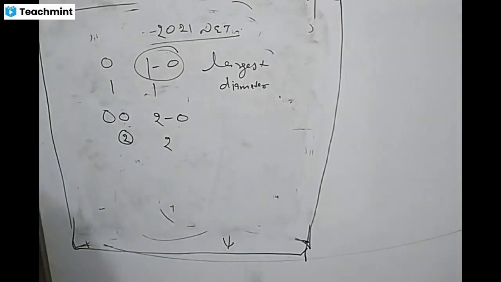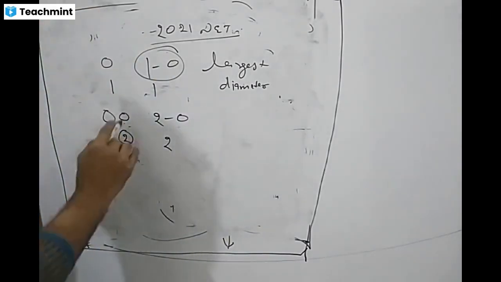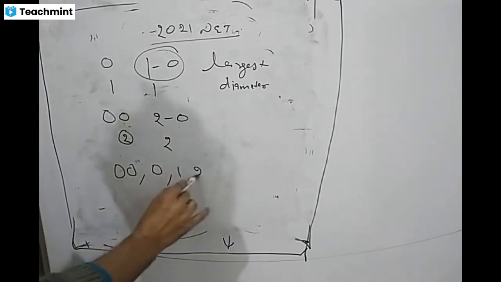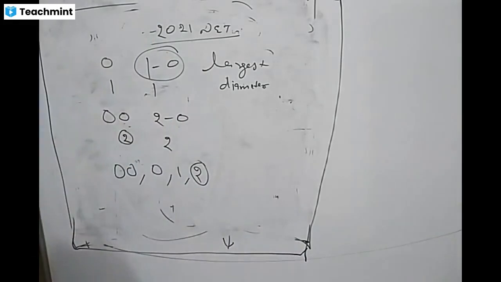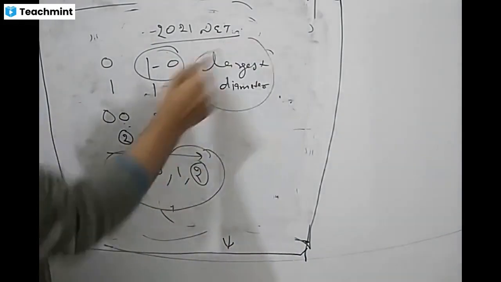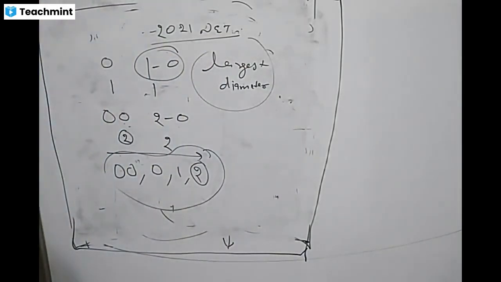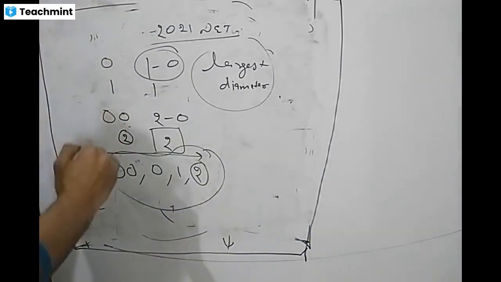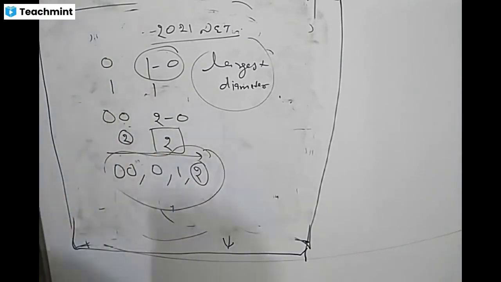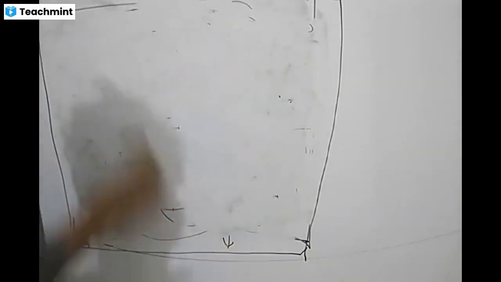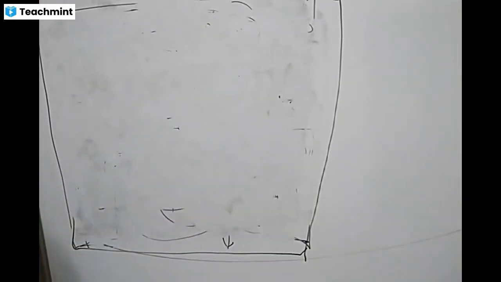So if we arrange these sizes, 2-0, then 1-0, then 1, and then 2 is the largest diameter fiber. So this was the MCQ. So more zeros means the fiber is finer. If you decrease the zeros, you are going towards thicker. So what we are studying in this size, the clinical application of this size is very important.